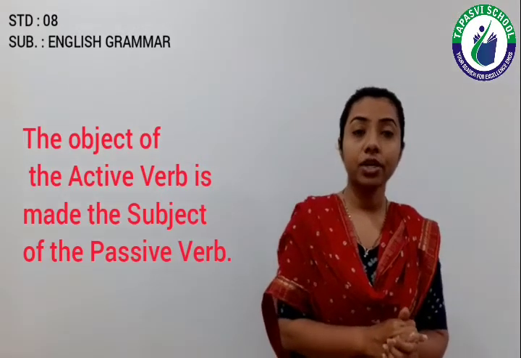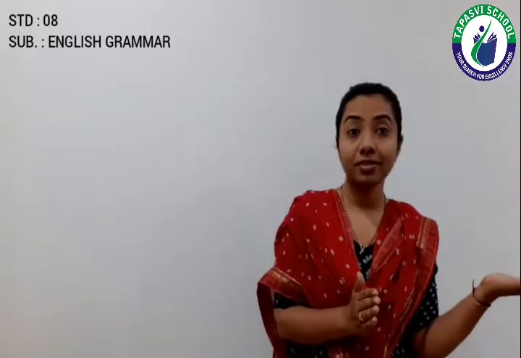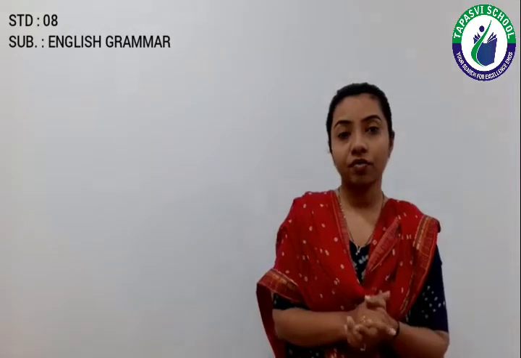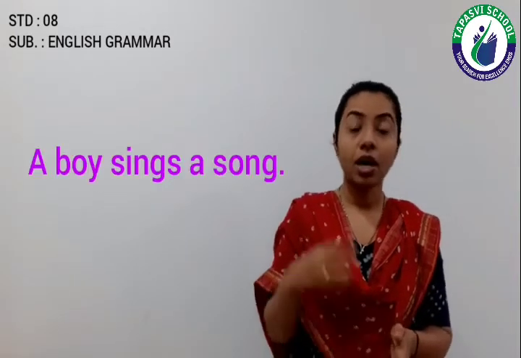So that we are going to see today: the subject of the active voice becomes the object in passive voice, and the object of the active voice becomes the subject of the sentence in passive voice. So we will see one example also.